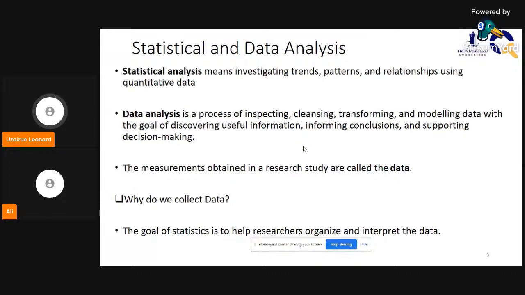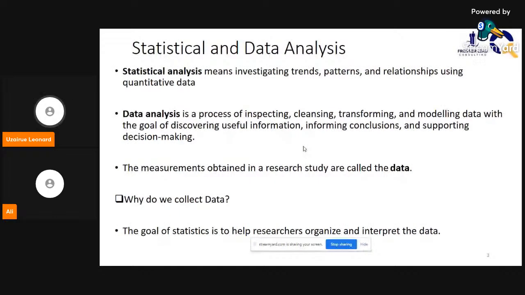When you want to determine a trend, like the example I gave just now, you determine the hematocrit level in the different categories of people in Nigeria.